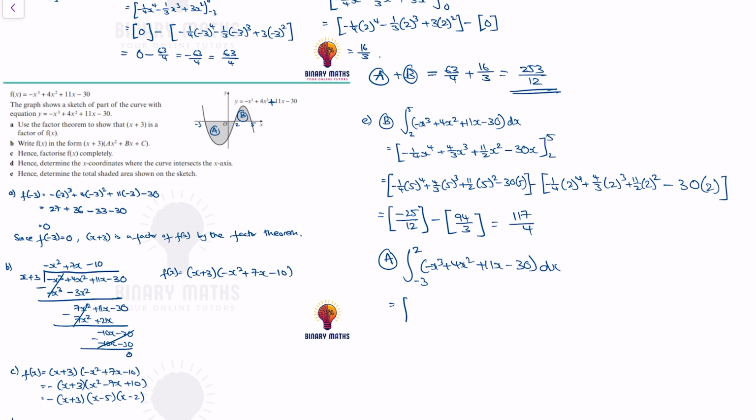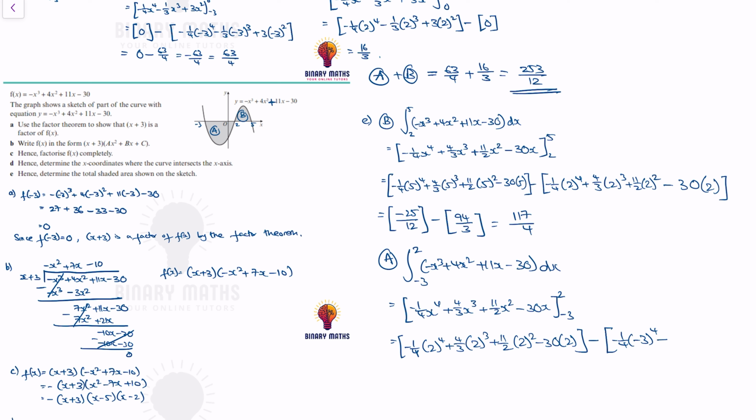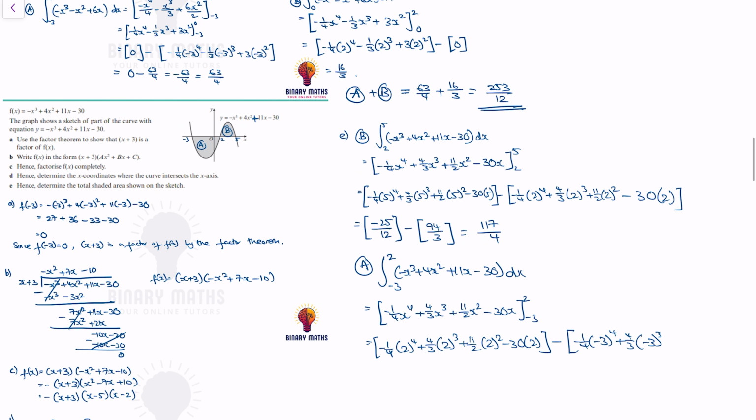We've already integrated this: minus a quarter x to the power 4 plus 4 over 3x cubed plus 11 over 2x squared minus 30x between 2, substituting 2 in, and minus 3, which is the same thing as minus a quarter times 2 to the power of 4 plus 4 over 3 times 2 cubed plus 11 over 2 times 2 squared minus 30 times 2, subtracted from minus a quarter times minus 3 to the power of 4 plus 4 over 3 times minus 3 all cubed plus 11 over 2 times minus 3 squared minus 30 times minus 3.